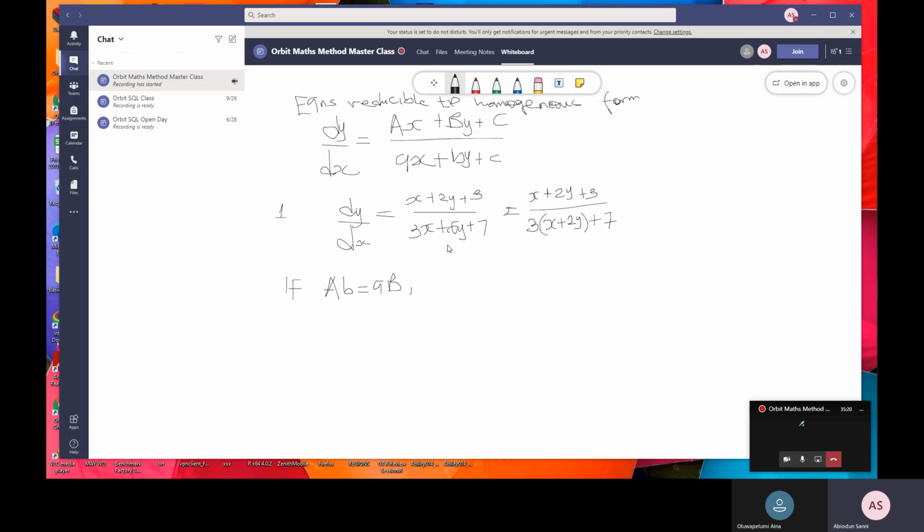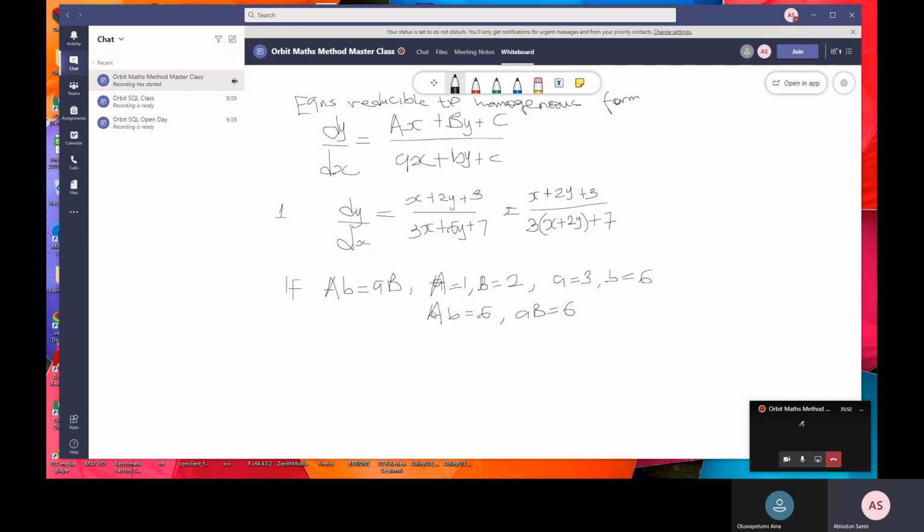So in this case, my capital letter A is 1, my capital letter B is 2, my small letter a is 3, my small letter b is 6. So if you check it, Ab is 6, while aB is also 6. So they are the same thing.